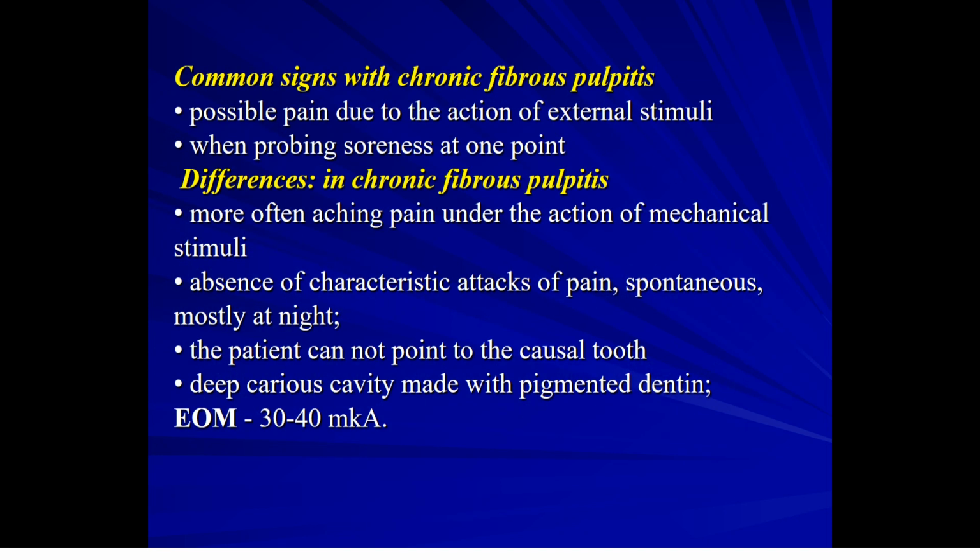Common signs with chronic fibrous pulpitis: possible pain due to the action of external stimuli, and soreness at one point when probing. Differences in chronic fibrous pulpitis: more often, aching pain under the action of mechanical stimuli, and absence of the characteristic attack of spontaneous pain, mostly at night.